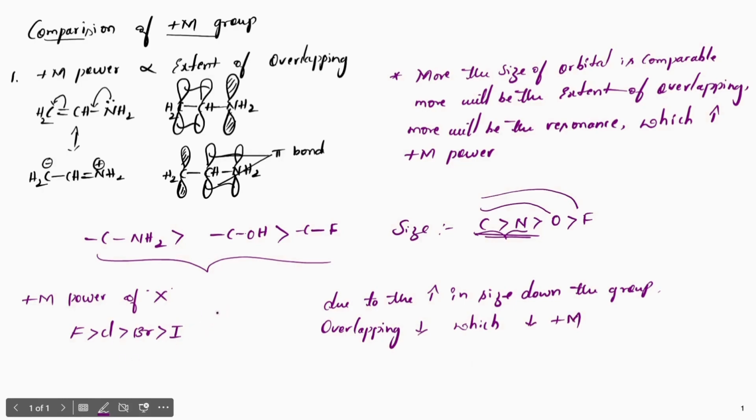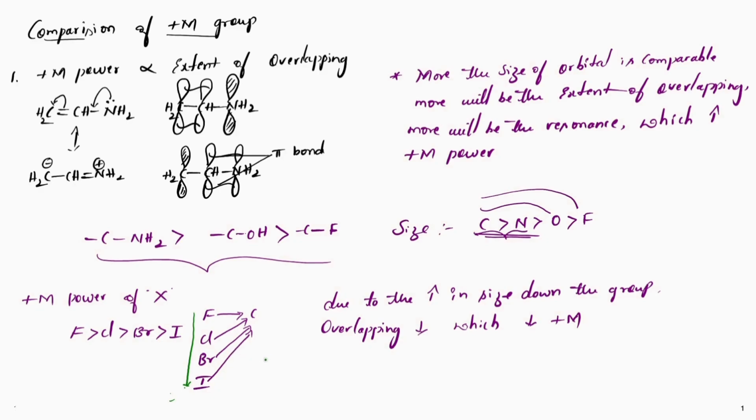Consider fluorine, chlorine, bromine, and iodine. The size of fluorine and carbon is comparable, then chlorine and carbon, then bromine and carbon, and then iodine and carbon. Down the group, size increases, overlapping decreases, which decreases the positive mesomeric power.